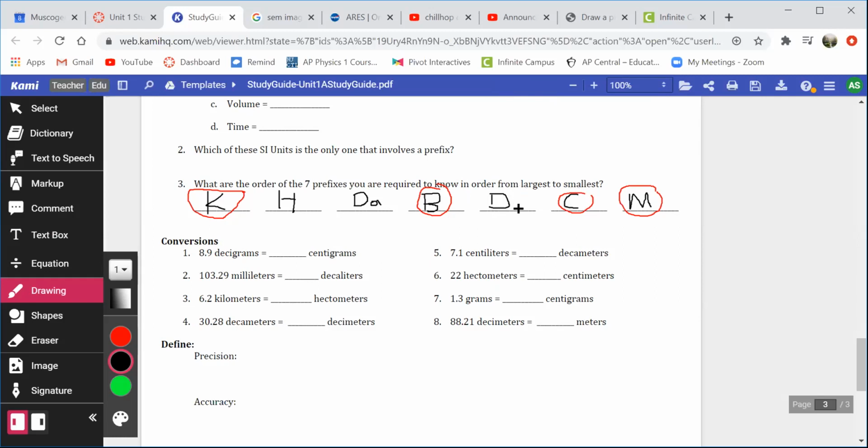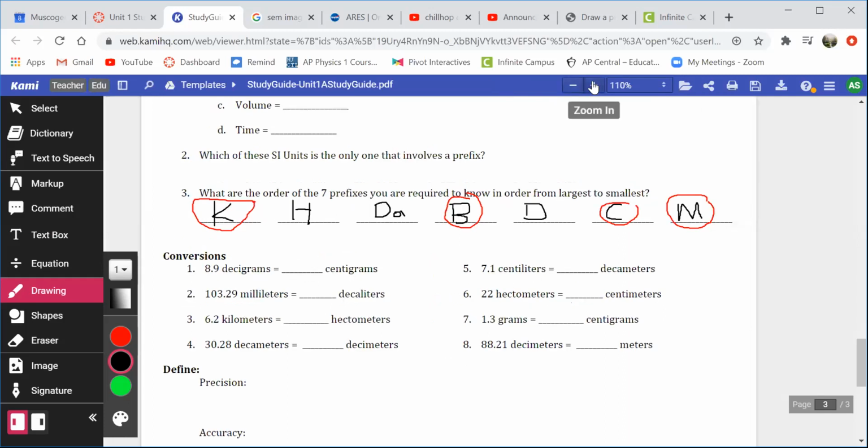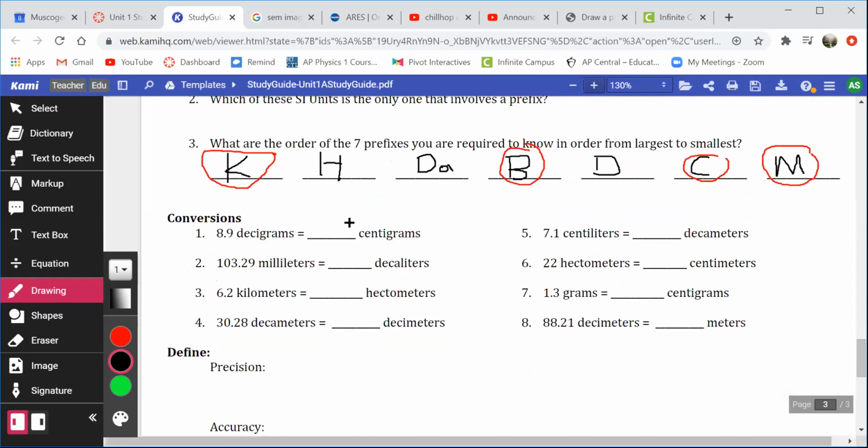So if we're going from deci to centi, and we're going to move to the right just once, we're going to do the exact same thing with our decimal point. And so we've got 8.9 there, and so we're going to move to the right just one time. And we're going to find this to be 89 centigrams. All right, so we've moved that decimal point just once to 89.